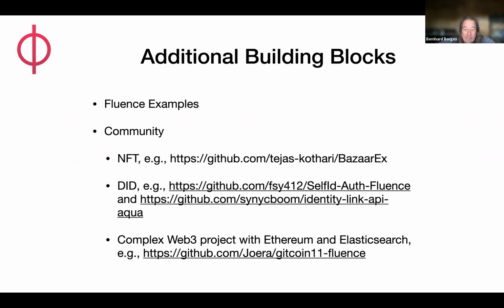And one developer is working on a fairly complex Web3 project with Ethereum and Elasticsearch, which is really cool. It's still ongoing, Juera's project. If you're looking at doing something with Ethereum or indexing, you definitely want to look at it.